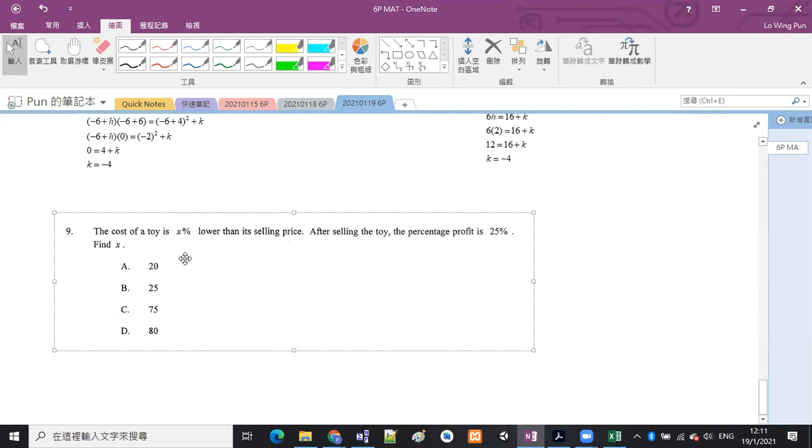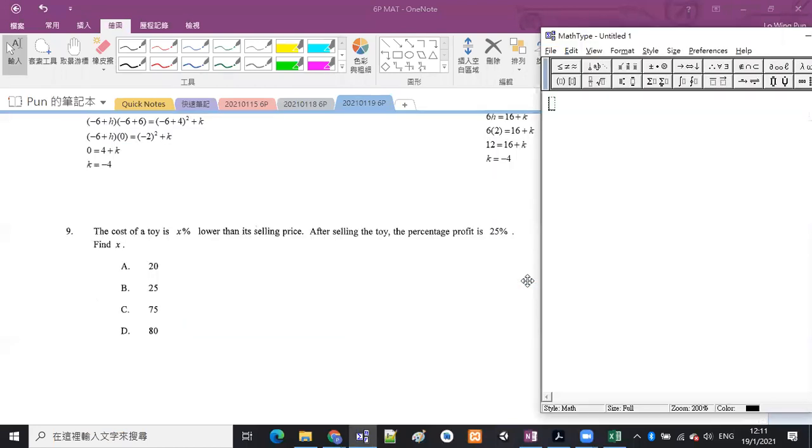X% lower than its selling price. So the cost is X% lower than the selling price. Let the cost be C and the selling price be S. The cost is equal to S, X% lower is 1 minus X%.